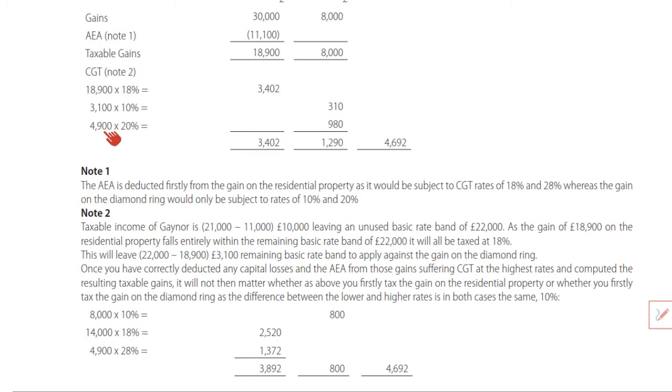So the £4,900 worth of taxable gains that are up in the higher rate band is therefore deemed to be the £4,900 pertaining to the ring.